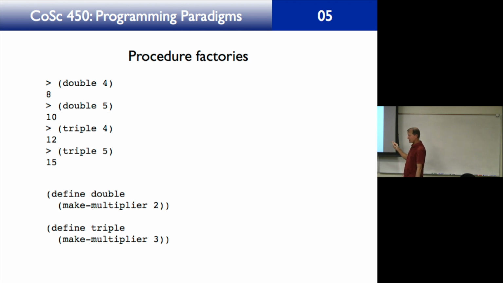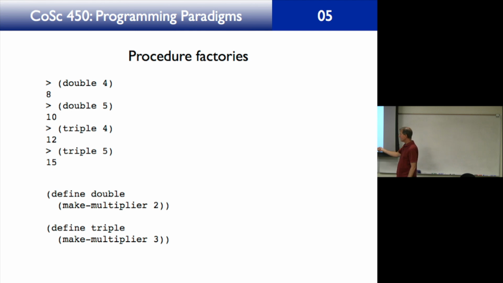Now, you guys, this is a little bit different from what we did before. Before, what were we doing? We were giving the procedure, passing the procedure as a parameter. But now, what is this factory going to do? What is this factory taking in here? It's taking in a number.